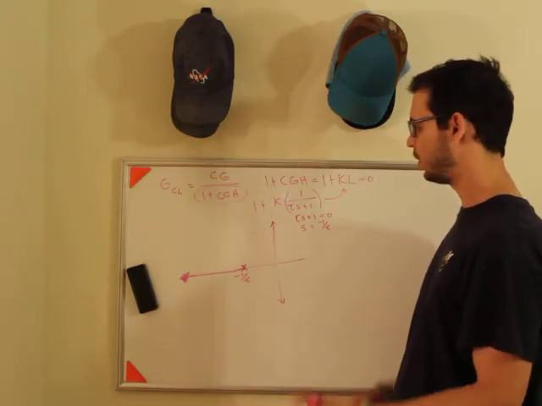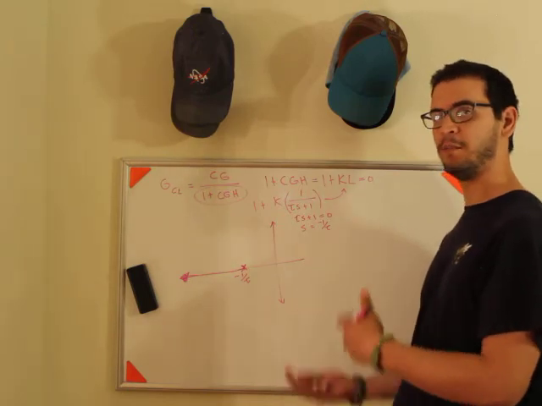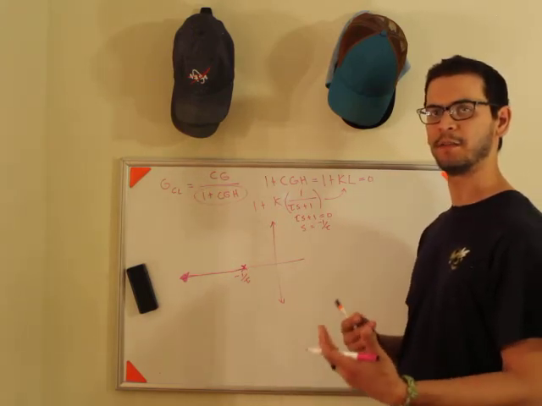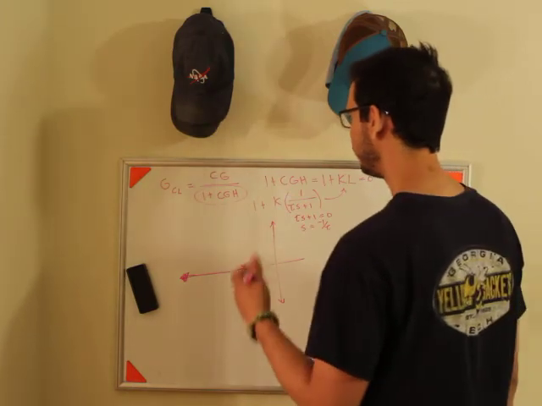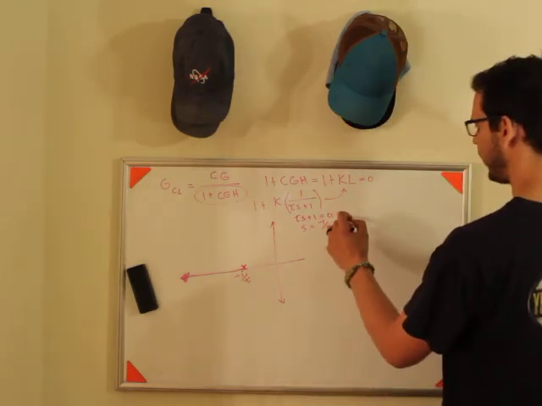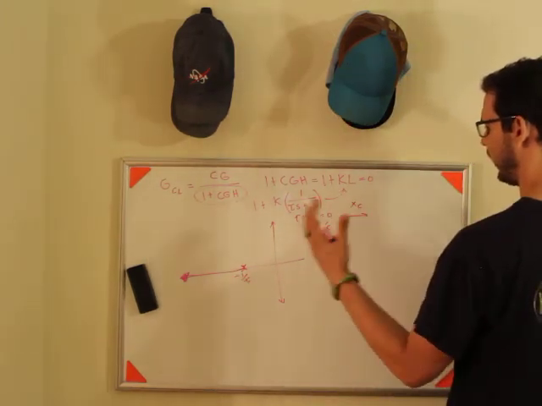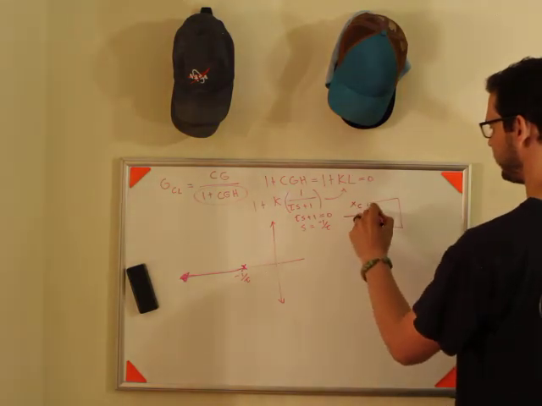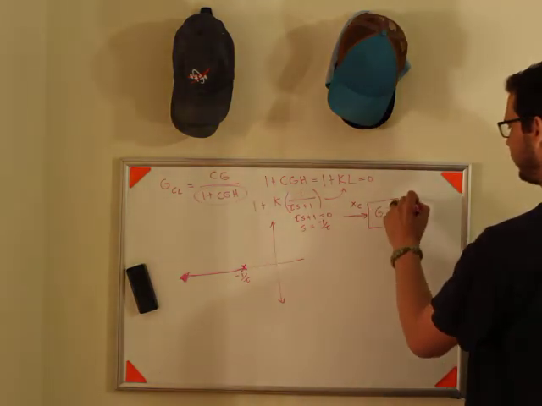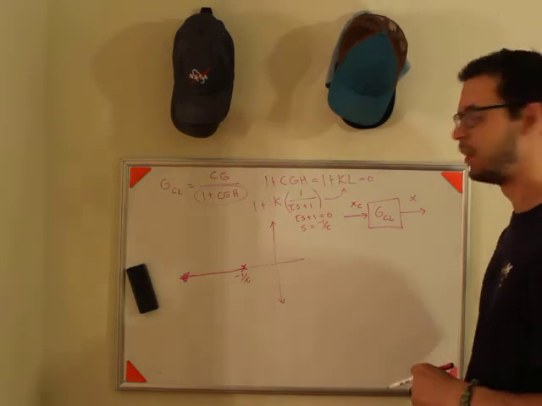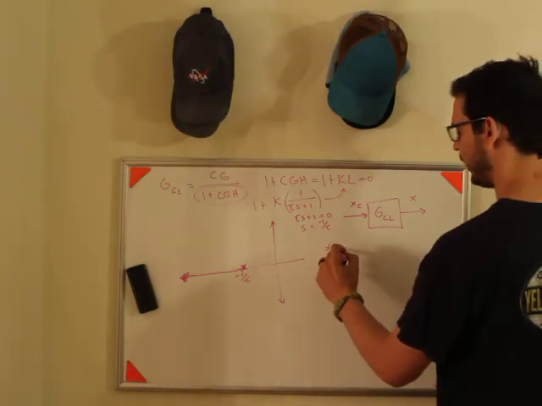Okay? So how do you read the Bode plot and determine that the system can never go unstable? Well, think about it this way. If I take my transfer function and I close the loop, my system is now GCL, and my output is X. My input command is XC.